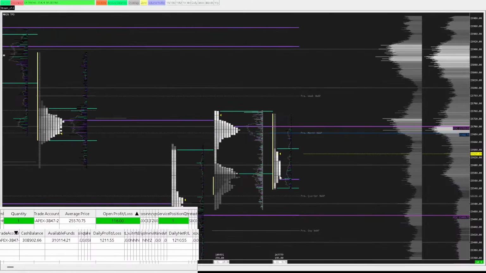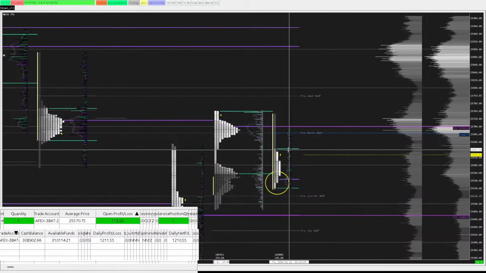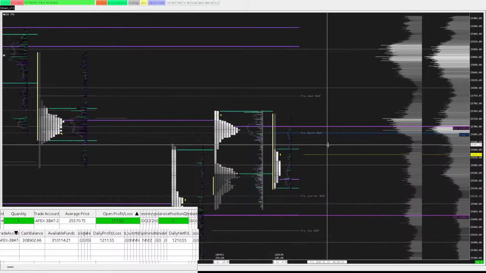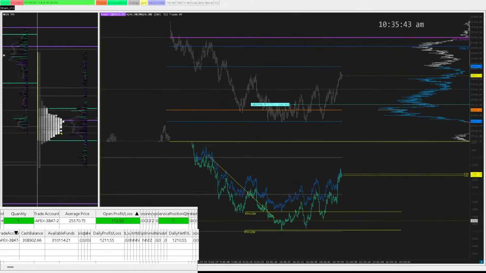All right, so now it looks like we've got a little bit of taper here. Okay. We start breaking above this, and we get above this little value area right here, which is our TPO value area. Then we'll probably go higher.